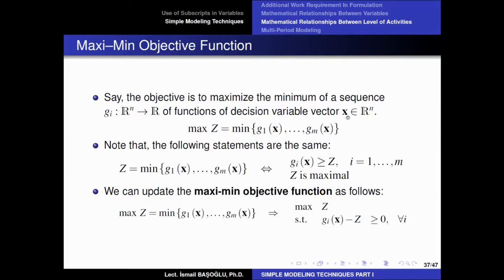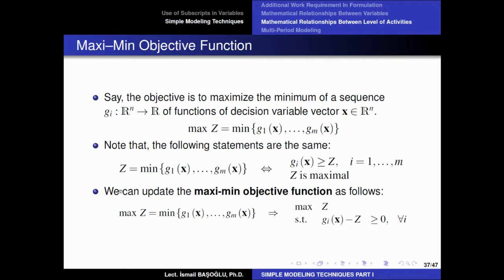Again, our decision variables are constituting a vector of size n, and there are m different functions which are defining activity levels, and our objective is to maximize the minimum of these activity levels. So the least performed activity should be maximized. We do not know which is going to be the least performed, which is going to attain the minimum. However, our objective is to maximize that minimum.